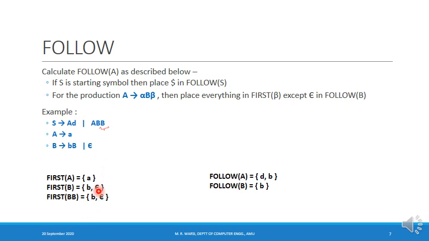So except epsilon, small b will be added to the follow of capital B. So small b has been added to the follow of capital B. So this is how this rule has been applied to this grammar. So you can apply this rule in order to calculate the follow of the variable. Now in the next slide, we'll discuss one more rule using which you can calculate the follow of the variable.